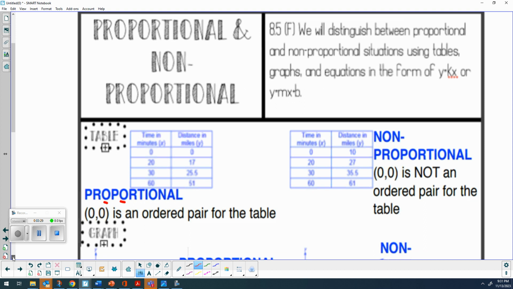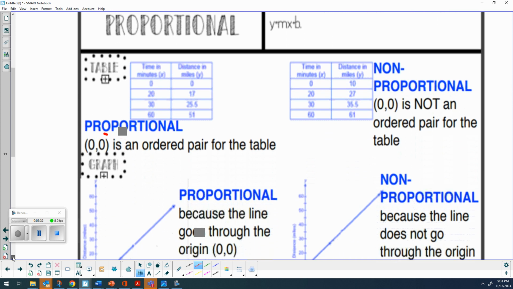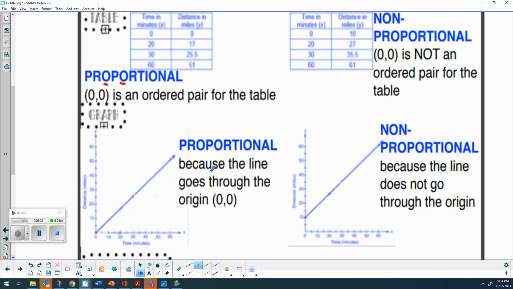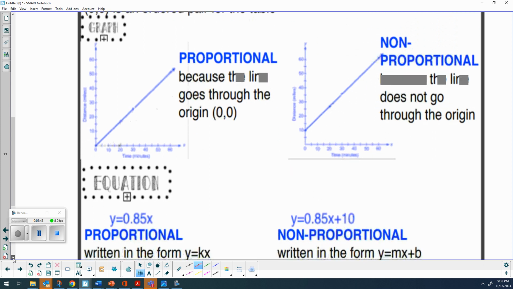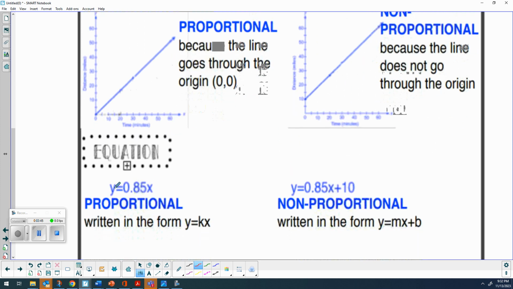If a function is proportional and it is a graph, you will automatically see it because the graph will some kind of way touch the origin, like here. If an equation is proportional, it will be in y equals x form, and there's nothing on the other side of x. So this is the form y equals some number in front of x, but nothing behind it. This is an example of a proportional type of equation.